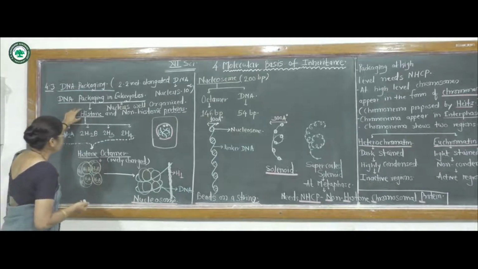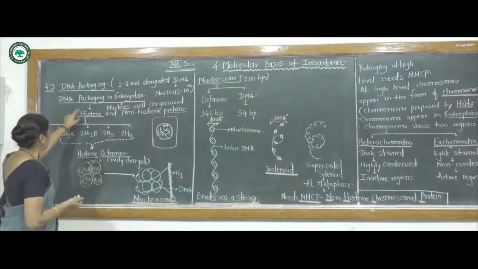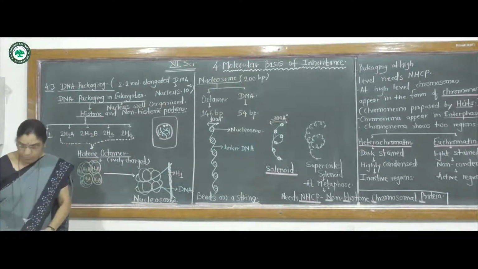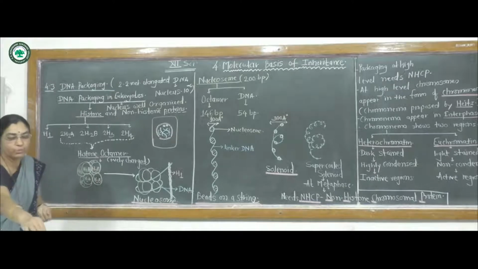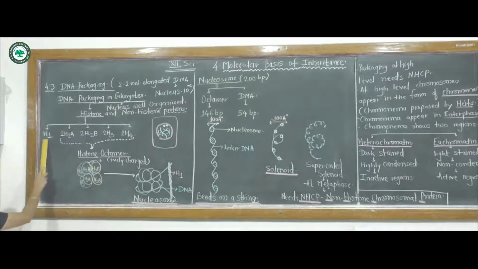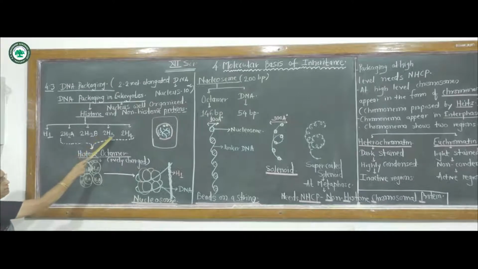So first, about the histone proteins. Specifically, there are 5 different types of histone proteins present: H1 histone protein, H2A histone protein, H2B histone protein, H3 histone protein and H4 histone protein.